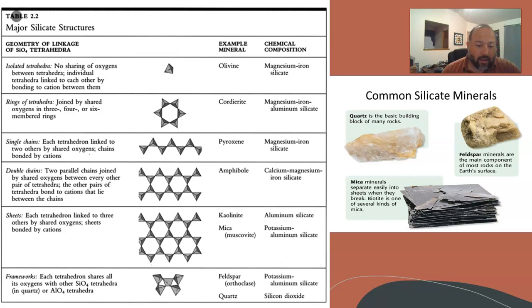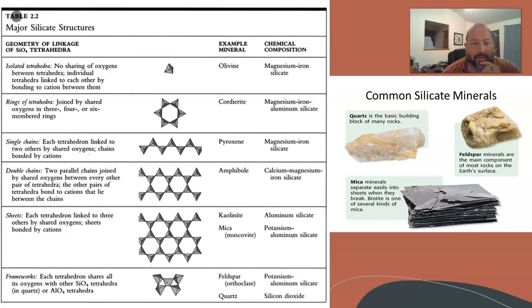And then you can have frameworks as well. So your feldspars, your quartz, those ones fall into framework. And you can kind of see the basic tetrahedron shape with that silicon ion in the middle surrounded by the oxygen ions. And then you can just take that tetrahedron shape and link it up in all sorts of different ways.